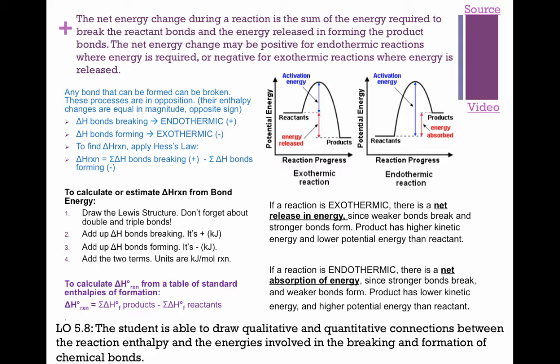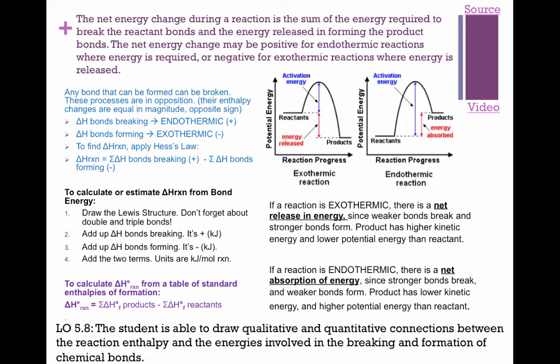Because bonds breaking is endothermic. All of these values are going to be positive. Bonds forming is exothermic. When you bring two things together, that releases heat. Those are exothermic. This negative distributes to every one of these values to make each one of them negative. That's why we do broken minus formed.